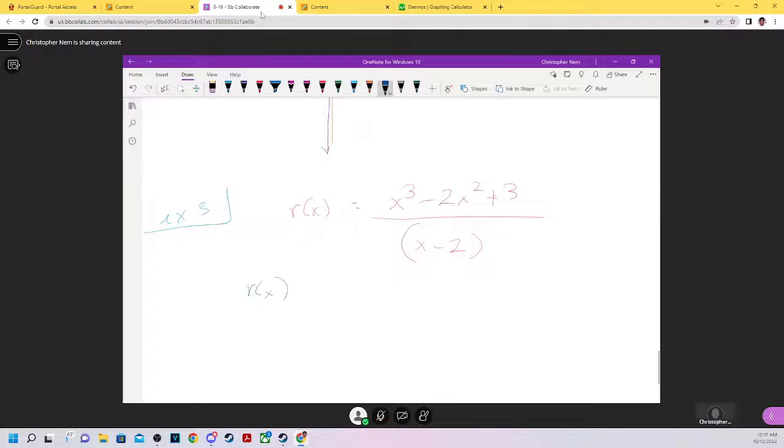If you were to actually do the rational root theorem, you would find that x equals -1 is part of the solution for the numerator, which means that this can be factored as x plus 1. So you would have to actually check by the rational root theorem. And then if you did long or synthetic division afterwards, you would get x squared minus 3x plus 3 all over x minus 2.